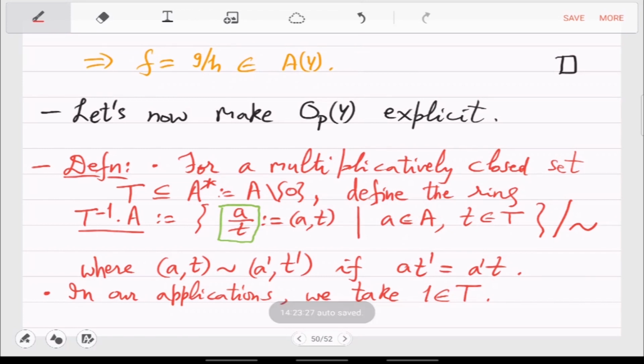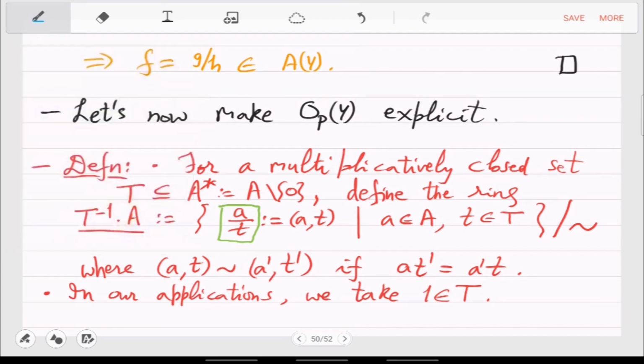So when 1 is in T, then 1 is available in T inverse A. So it's a ring. It has 0, it has 1, and for the fractions it has these addition and multiplication rules naturally.